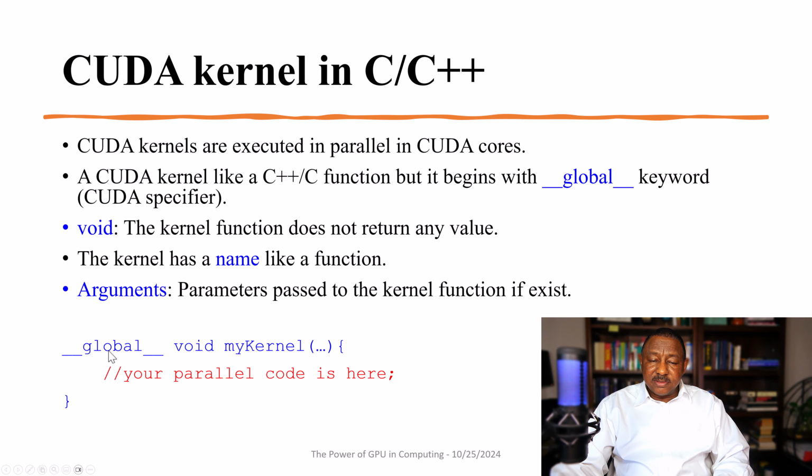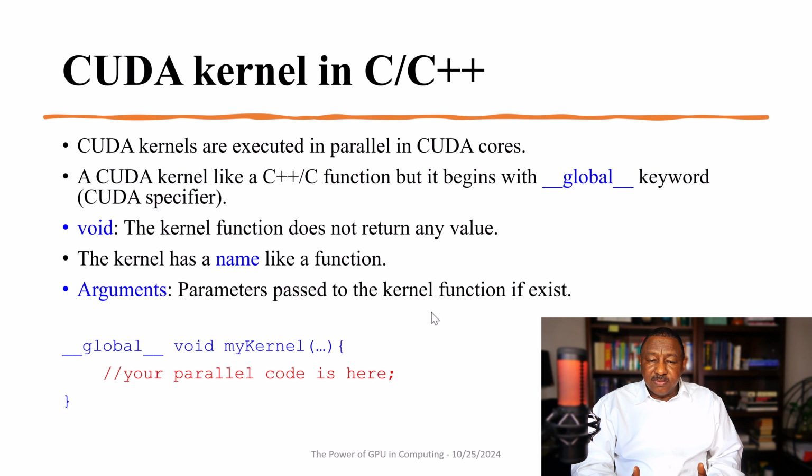It begins with this keyword, then void, then the function name or kernel name, then whatever arguments we can place here, and then the body of the function. So it is similar to C or C++ functions. The only difference is __global__ void, and that is it.